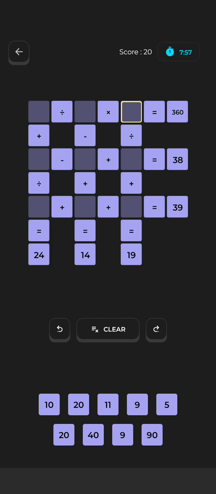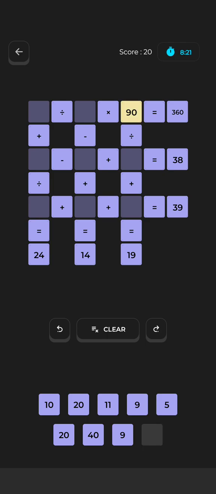Then I'll have to get 4 here as well. I think it should work. 90, let's see, because other combinations aren't working, because 40 divided by 10 and other things are not working.